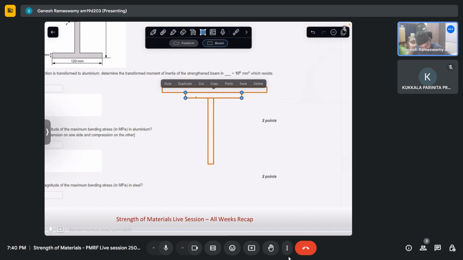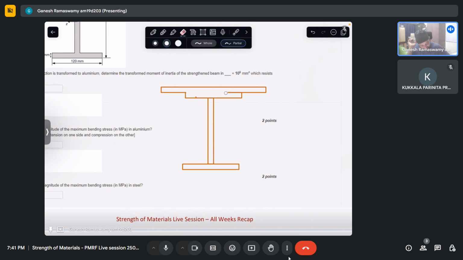It is something like this. Hope it is symmetrically placed. And then now the entire thing is aluminum. So this is my transform section.